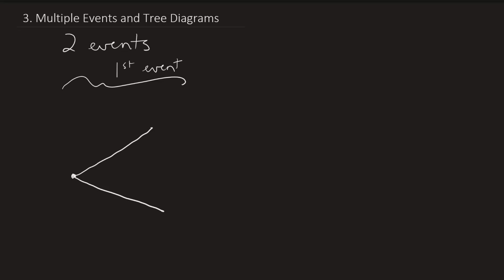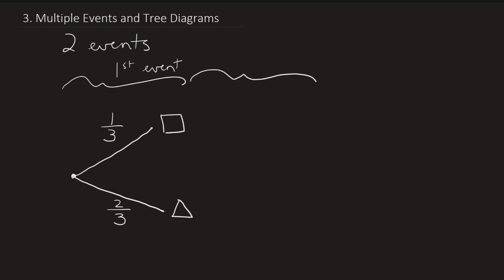The first outcome is a square and the second outcome is this triangle shape. I'm also going to add some probabilities so that the probability of getting a square is, let's say, 1 over 3, and the probability of getting a triangle is 2 over 3.